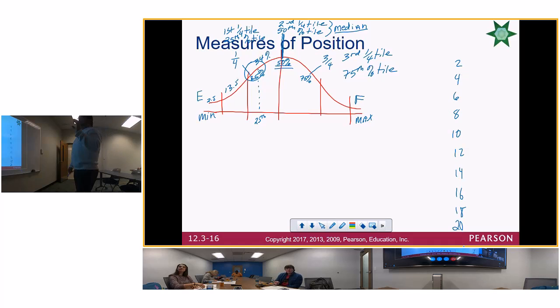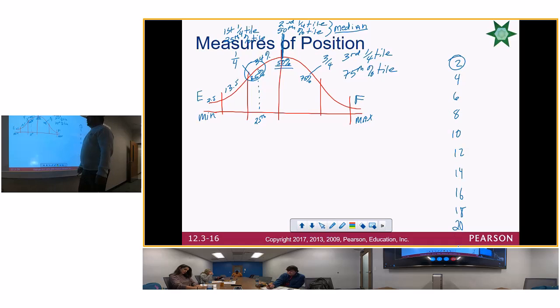Now, I want to find the first quartile, the second quartile, and the third quartile, and I want to write a 5-number summary, and that's what those are called, and I want to put it in a box plot. Then what do I do? Well, the first thing I do is find the min. There's the min.